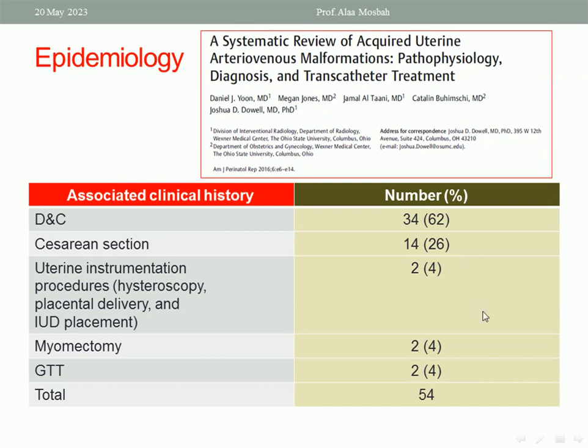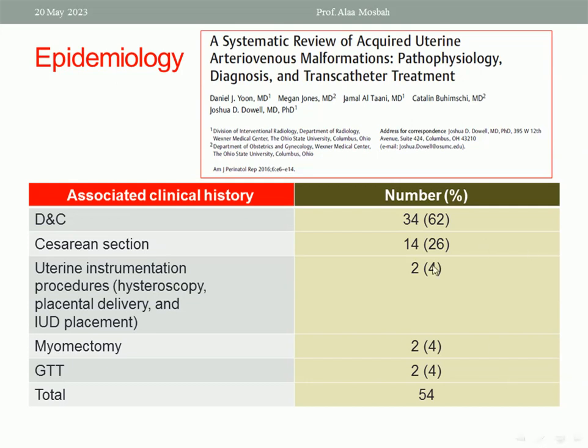Uterine instrumentation procedures like hysteroscopy, like IUD insertion, like placental delivery, associated in 4% of cases, myomectomy in 4% of cases, gestational trophoblastic disease or tumor in 4% of cases.